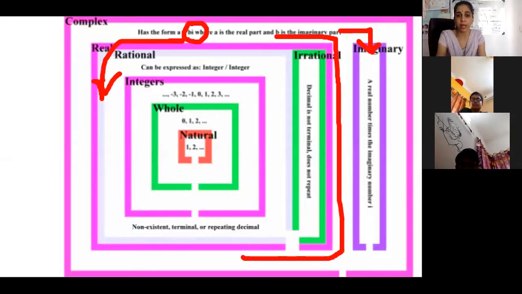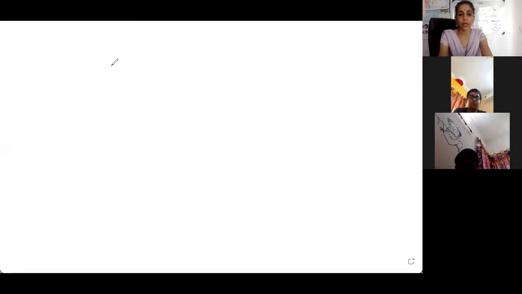Is that clear, or should I explain it more? Let me use a whiteboard for explaining the concept. I have told you that complex number is the superset. If you have studied this a little less so far, let me tell you, because these introductions are there in your textbook.